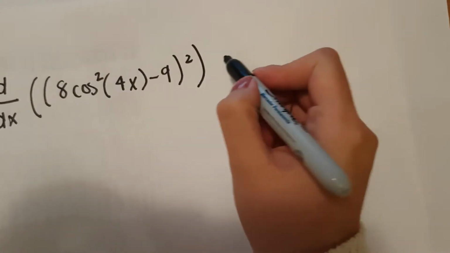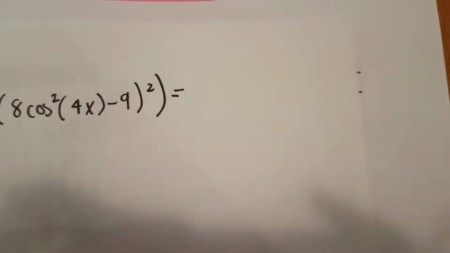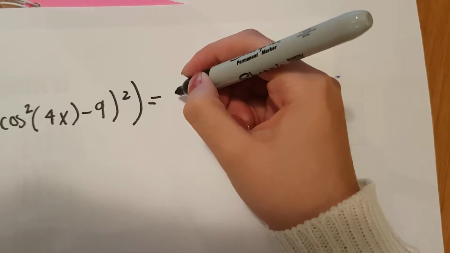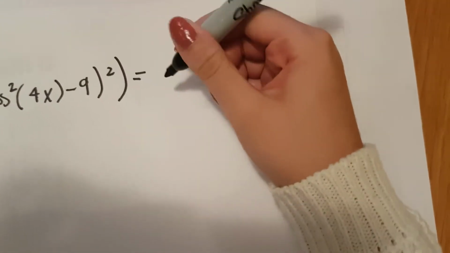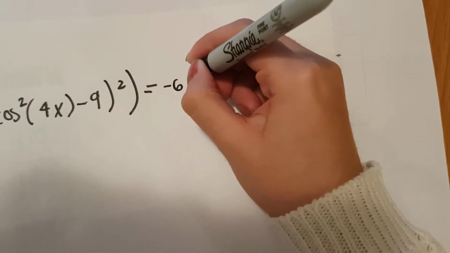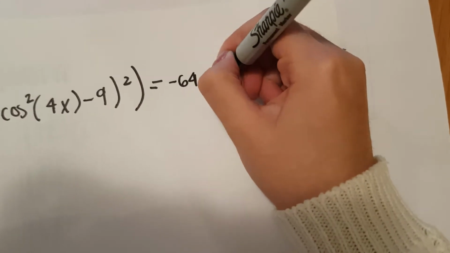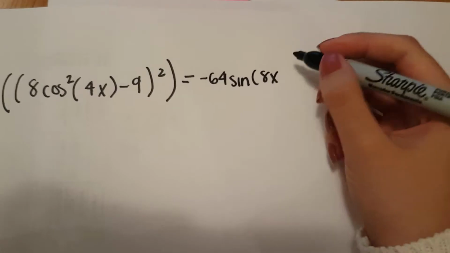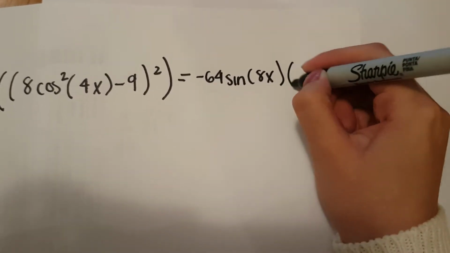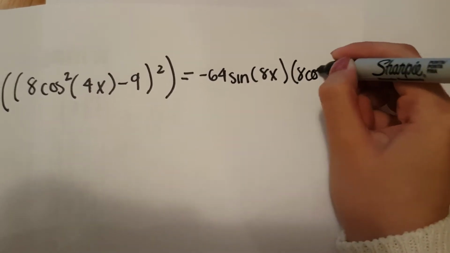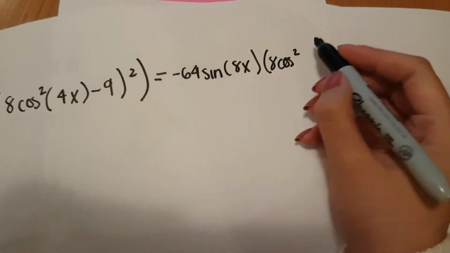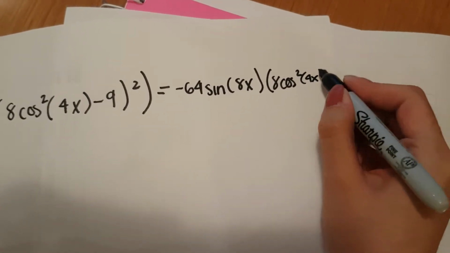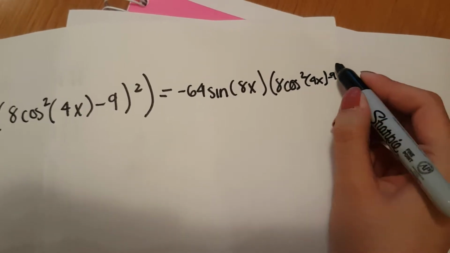We close the parentheses, and the other side of the equation we are going to write the square root, and we're going to have minus 64 sin of 8x. We close the parentheses, and 8 cos square of 4x minus 9, and we close the parentheses.